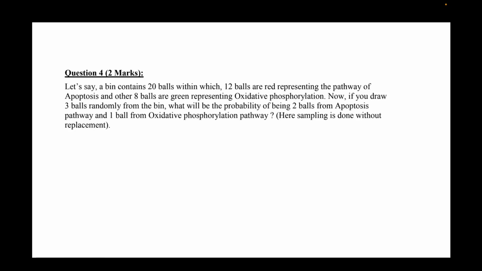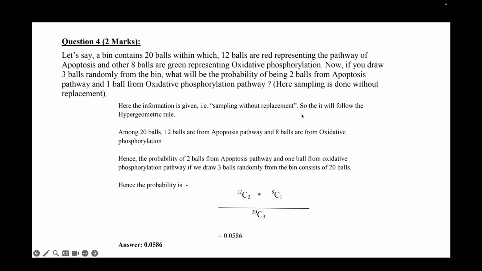So here sampling is done without replacement, which essentially means you have to apply the hypergeometric test. Among 20 balls, 12 balls are from the apoptosis pathway, which is red, and 8 balls are from oxidative phosphorylation, which is green.